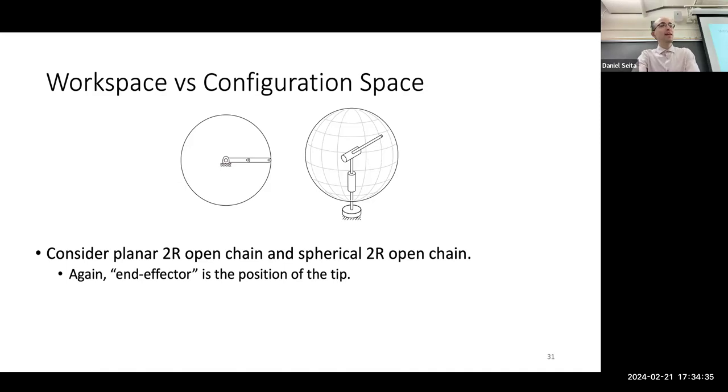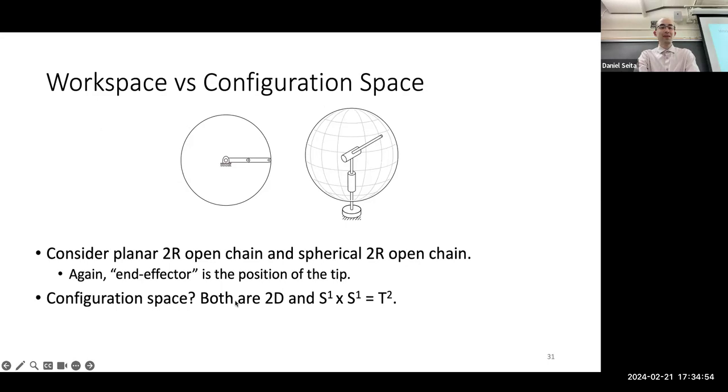What about the workspace and the configuration space? Well, the workspace is not the same, right? The end effector of this thing is 3 dimensions. It's like a 3D sphere, which is different from a disk. But for configuration spaces, you can express both of them as 2D, right?